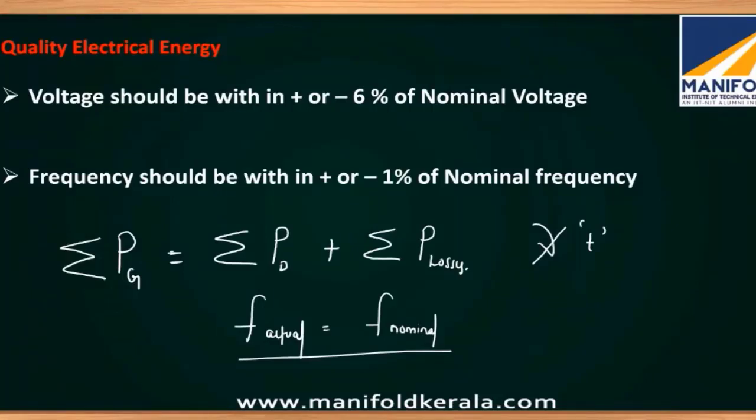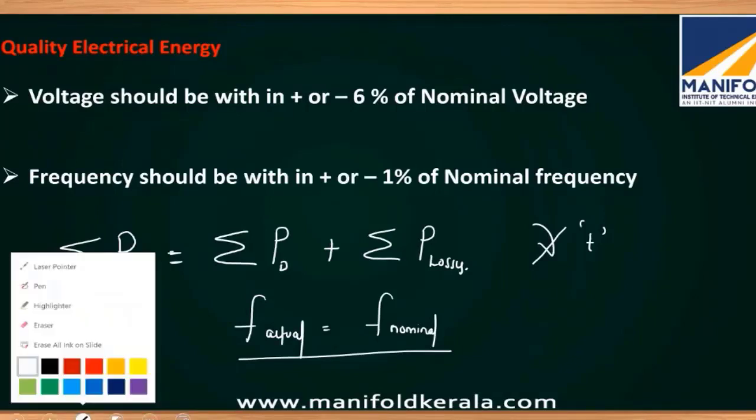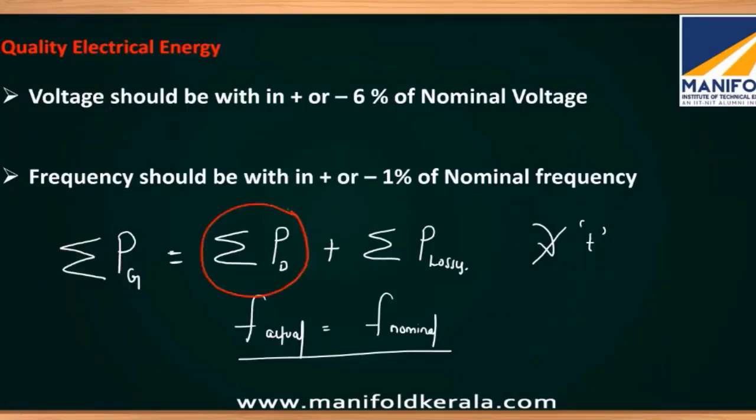So likewise, whatever demand exists on our power system network will be continuously fluctuating, and it is not in our control. Okay, we are always running to match the generation to the demand. The problem is demand can change instantaneously.